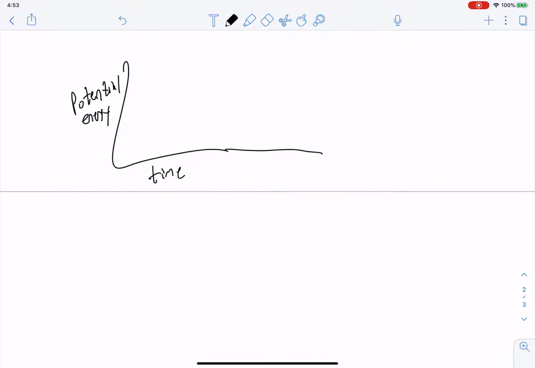But let's take a look just conceptually at what we mean for an exothermic reaction. So we have potential energy as our y-axis, and we have time as our x-axis.